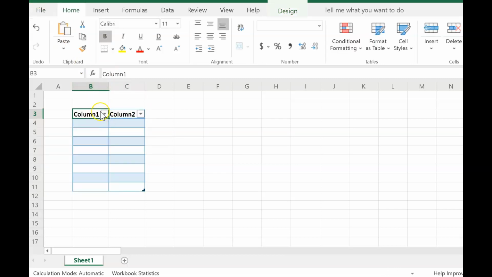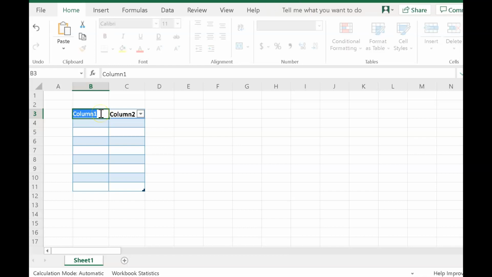I'm going to see if I can change the title over here. Instead of column 1, I will say kitten age, kitten age in days, for example.